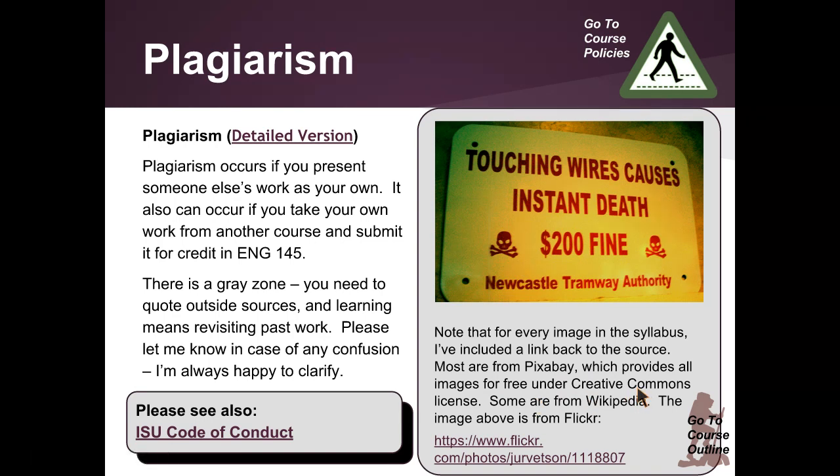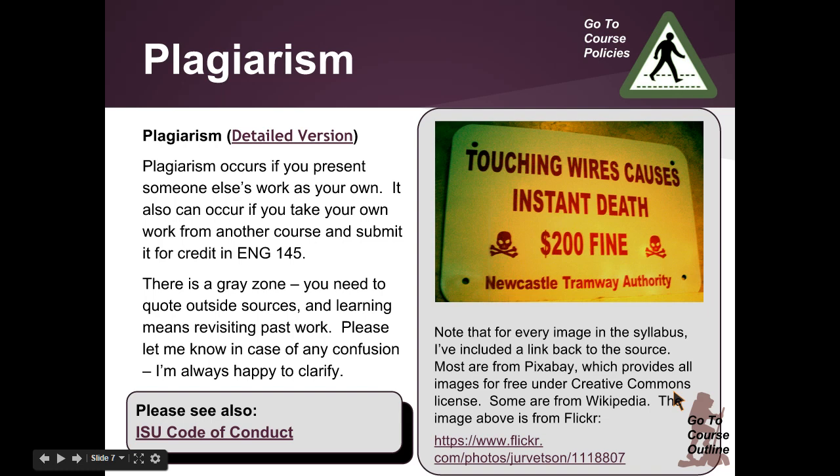As we move further along in the course, you may want to use images from outside sources as part of your project. And if you do that, provide URLs to say where you got the image from. That is citation in the same sense as scholarly citation. With Pixabay, since it's a Creative Commons license, you can use those images for any purpose that you want. And technically, you're not required to post a link back to them.